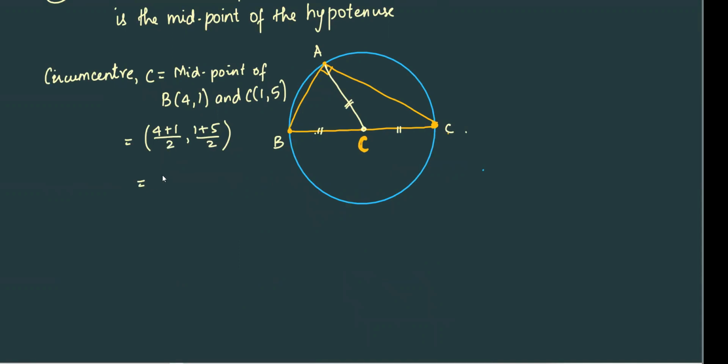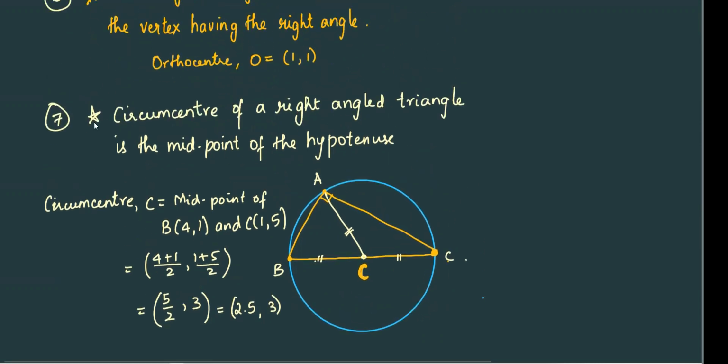So this is 5 by 2, comma 6 by 2 is 3. So we'll get 2.5, comma 3. So seventh one, B is the correct answer. But this is the concept. For a right angle triangle, circumcenter is the midpoint of the hypotenuse.